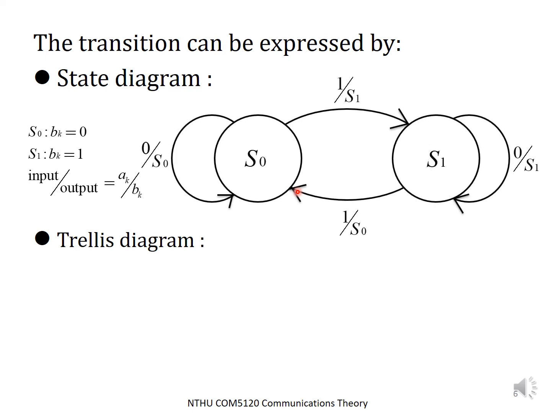So we have two states of the modulator, S0 or S1. The input could be 0 and could be 1, given a state of the modulator. Remember the state is BK. And the input could be a 0 or a 1.